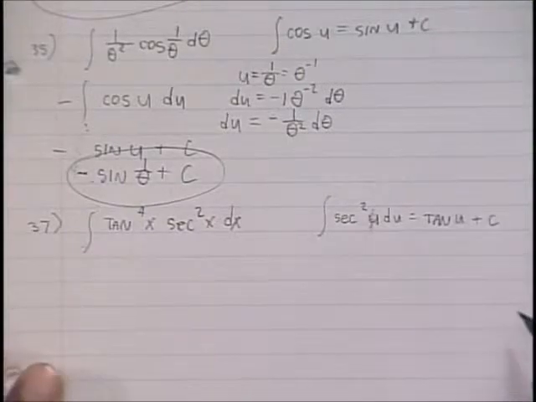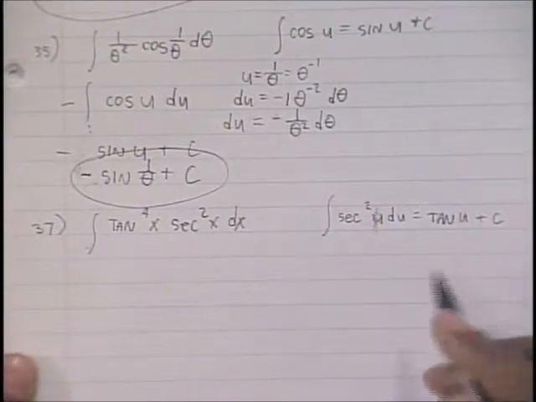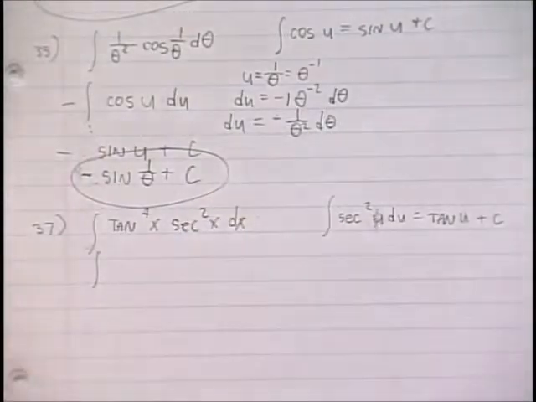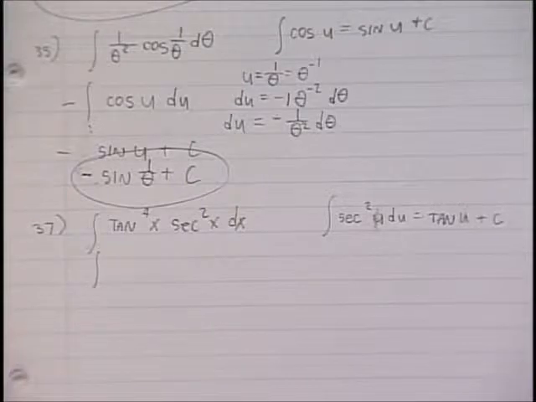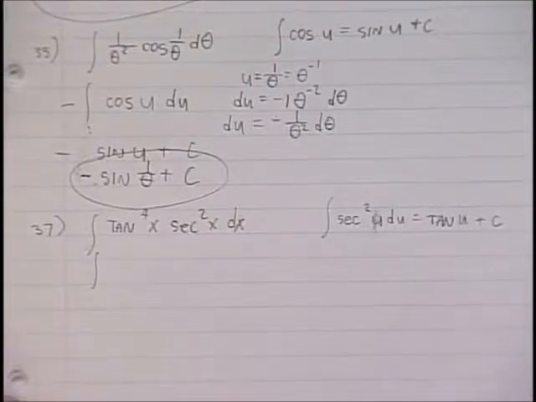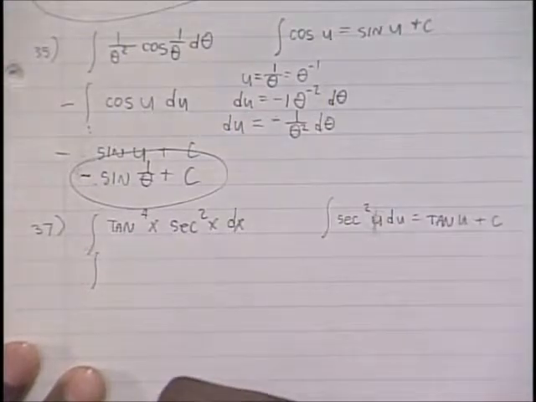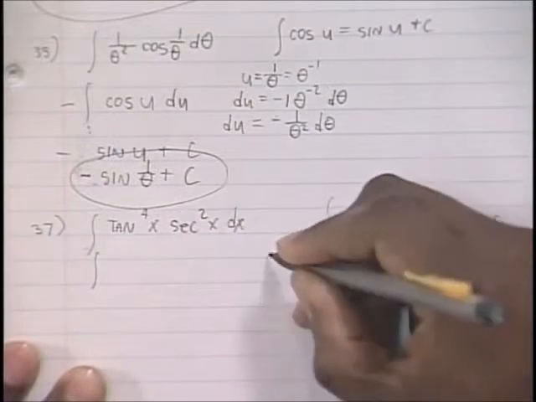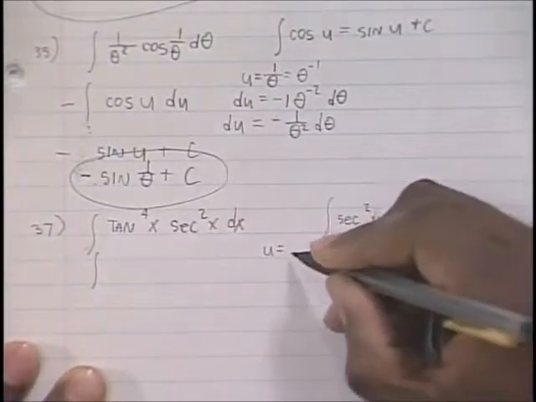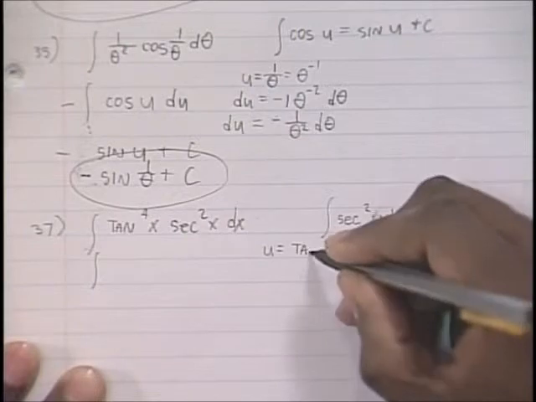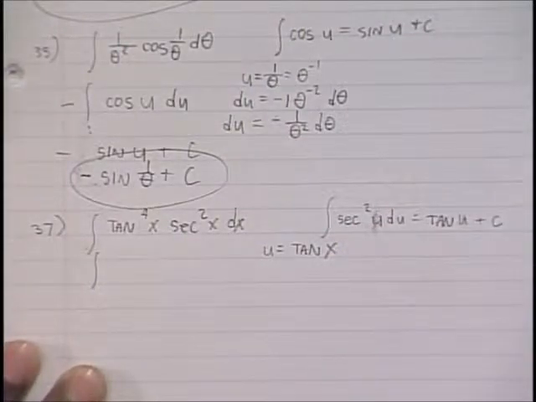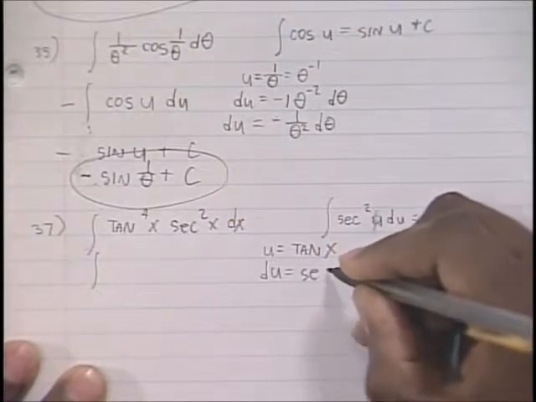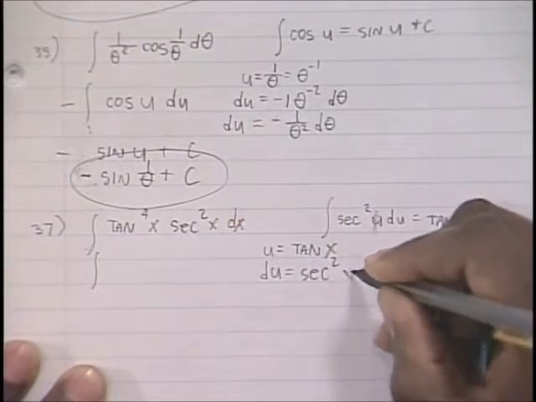All right? So let's see what we can do here. Let's try to make u tangent of x, and let's make du secant squared x.